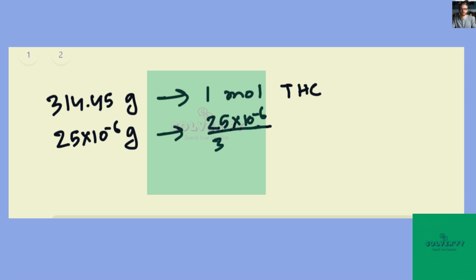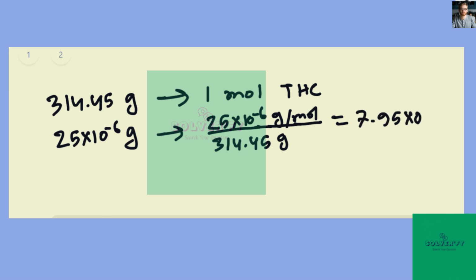25 times 10 to the power minus 6 over 314.45 gram per mole, and it will give us a value of 7.95 times 10 to the power minus 8 mole.